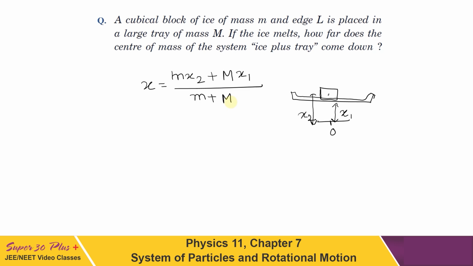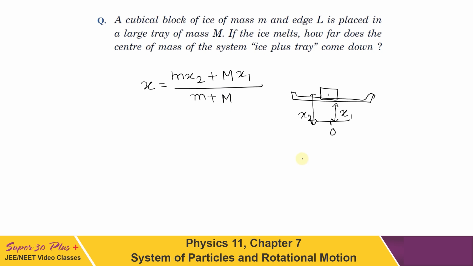Now when the ice melts, the water of mass m will spread on the surface of the tray, and as the tray is large, the height of water will almost be negligible. So we can say that the center of mass of water will be on the surface of the tray, which is at a distance x2 minus L by 2 above the origin.